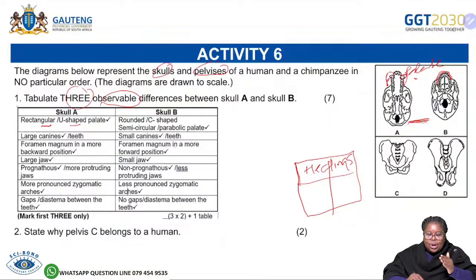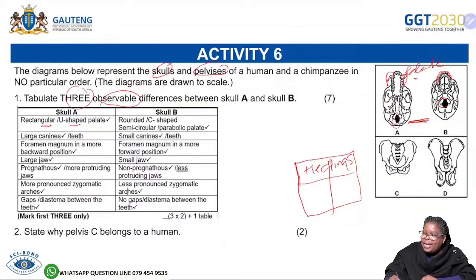Because we are going to mark the first 3 here. And what will happen? If the first 3 are incorrect and the last 3 are correct, you're going to lose marks. So make sure that you start with the ones that you are sure of. The foramen magnum is in a more backward position. Can you see? It's in a more backward position.